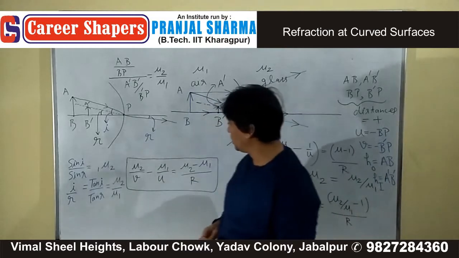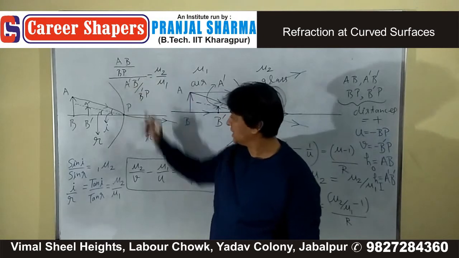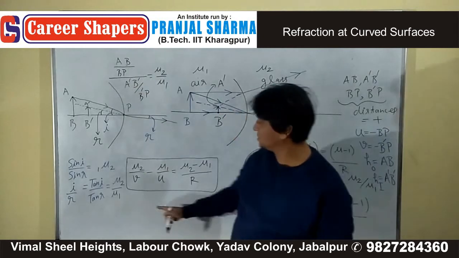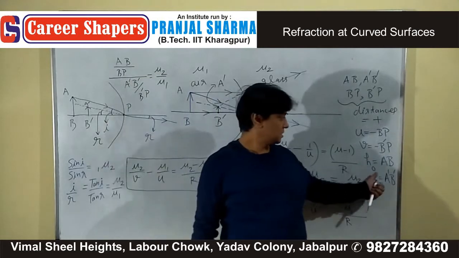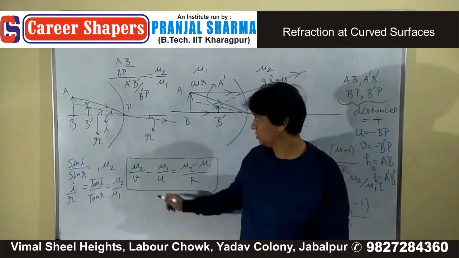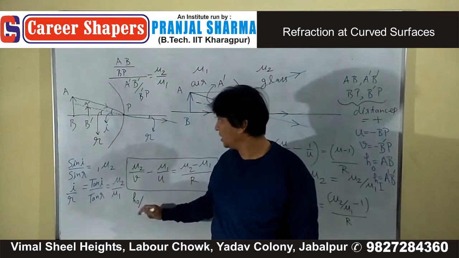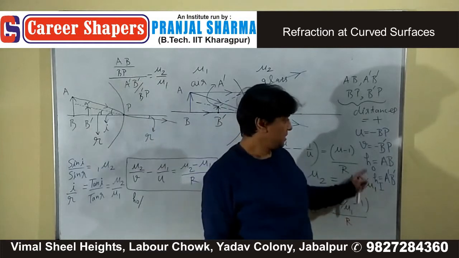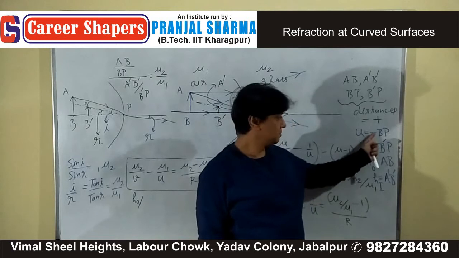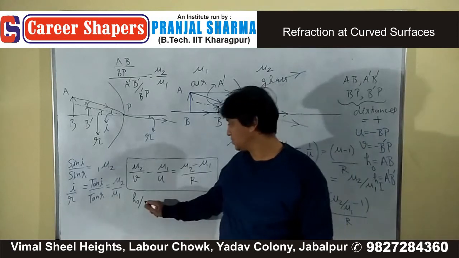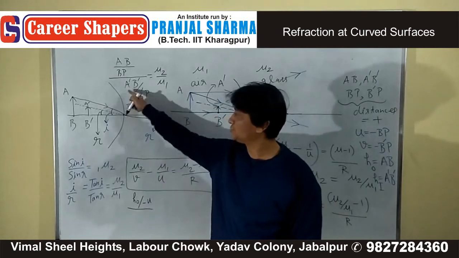So let's convert the whole part. This AB is HO. Let's write down HO divided by BP. BP is minus of U. This is minus of U divided by A dash B dash.